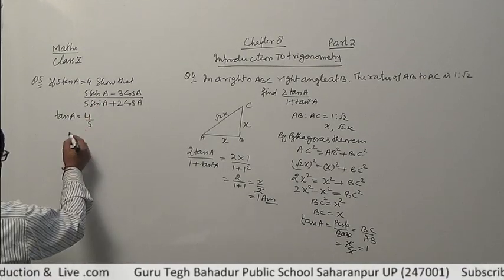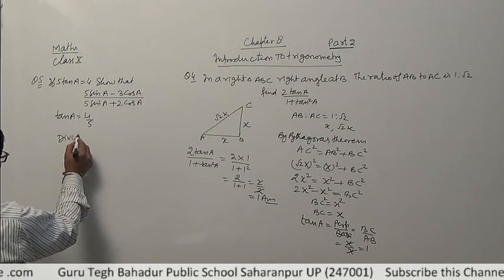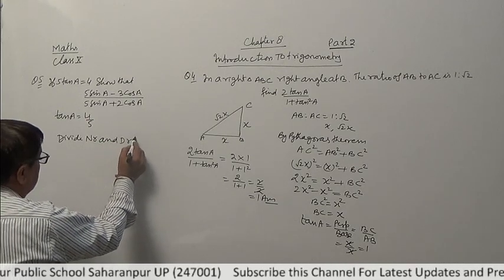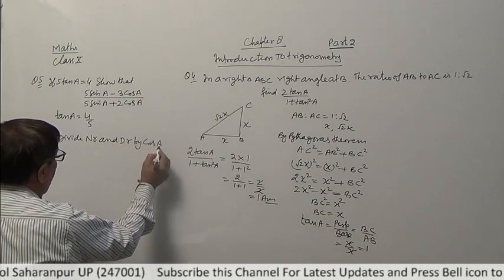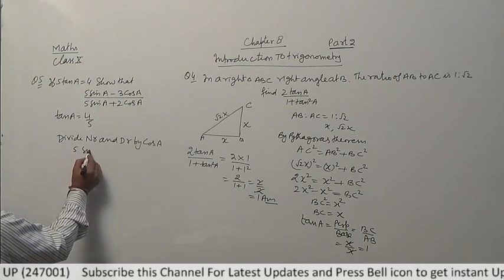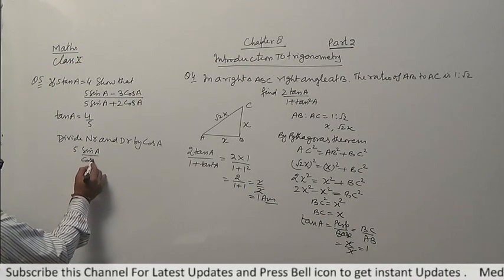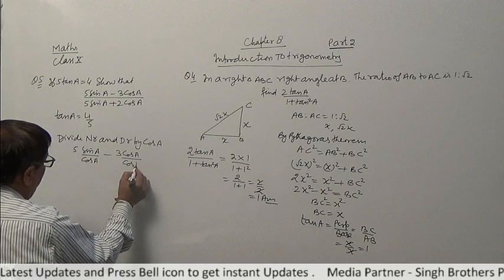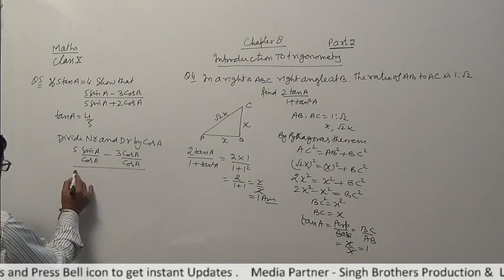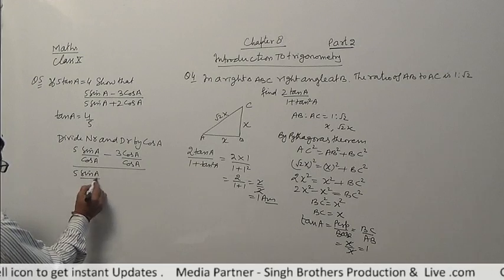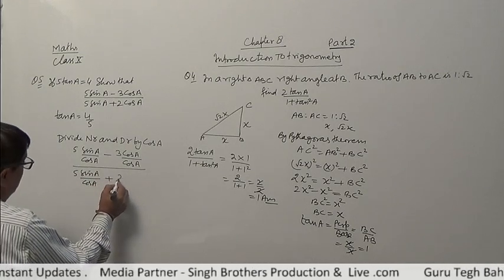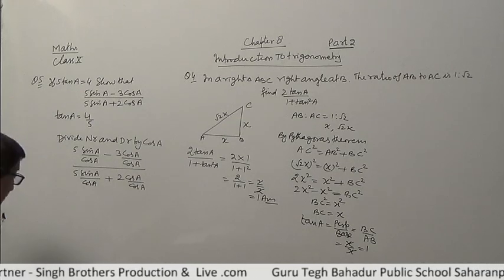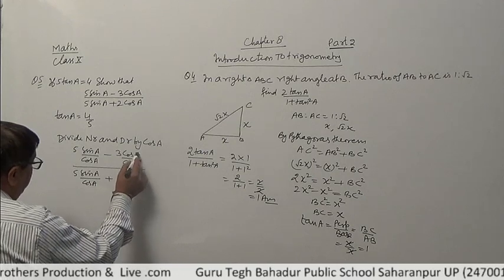How will we solve? Divide numerator and denominator by cos A. So it becomes 5 sin A upon cos A minus 3 cos A upon cos A, upon 5 sin A upon cos A plus 2 cos A upon cos A. The cos A cancels.